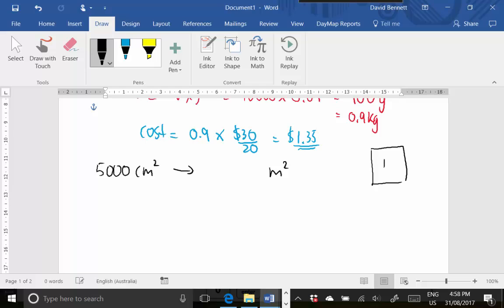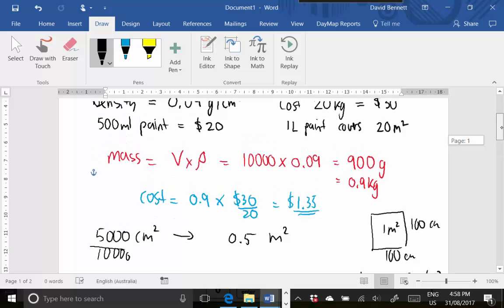If I've got 1 square metre, then that's 100 by 100, isn't it? Centimetres. So therefore we know that 10,000 centimetres squared is equal to 1 metre squared. And so I have to divide that by 10,000. So that's equal to 0.5 square metres. Alright, so that's what I've got there.